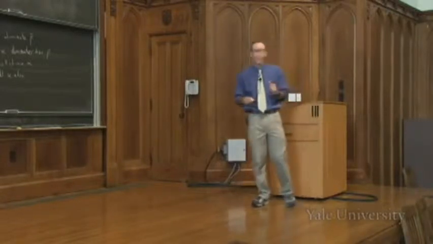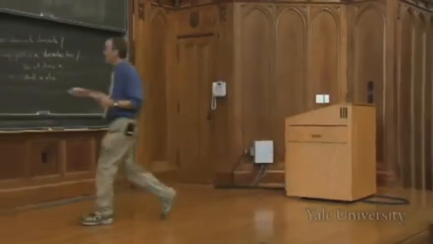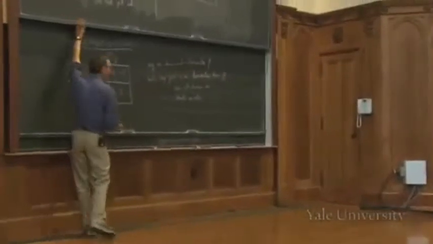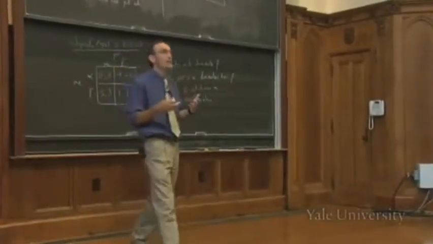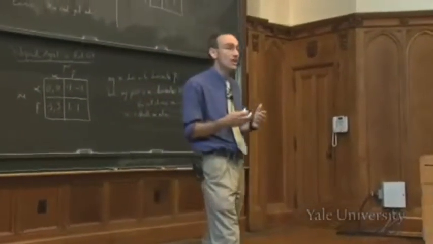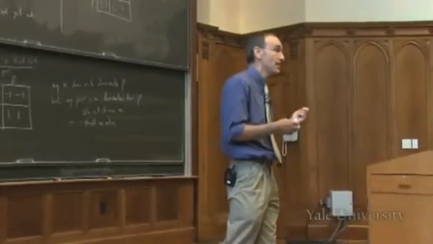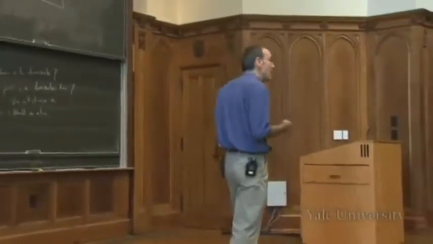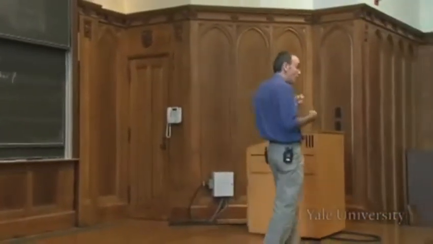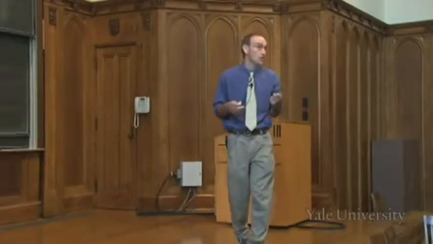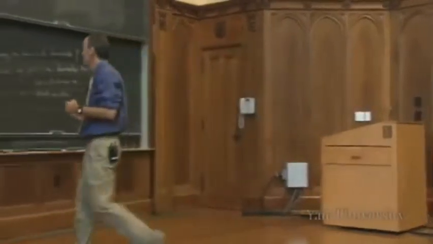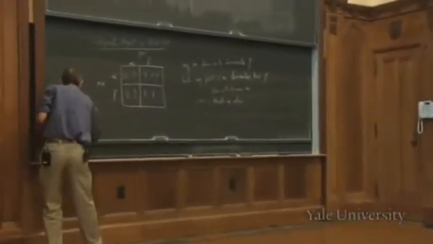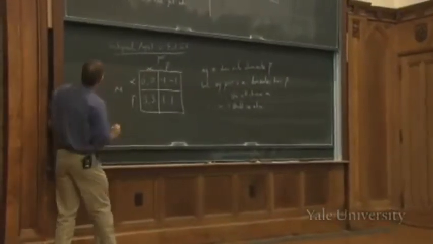The lesson comes from this game: a great way to get used to the idea of strategic thinking, perhaps even the essence of strategic thinking, is the ability to put yourself in someone else's shoes, figure out what their payoffs are, and try and figure out what they're going to do. All right, so the big lesson of this game is, I forgot what number we're up to, I guess it's lesson 4.